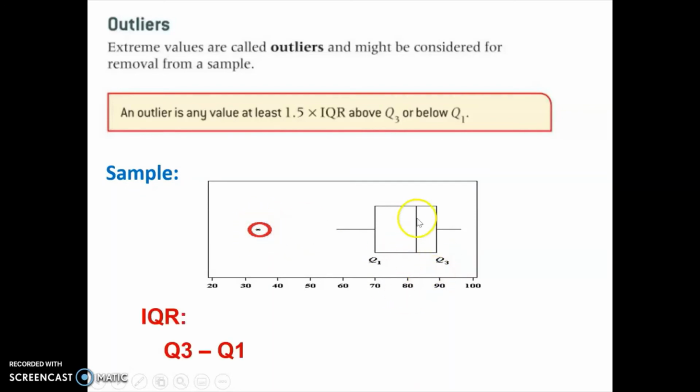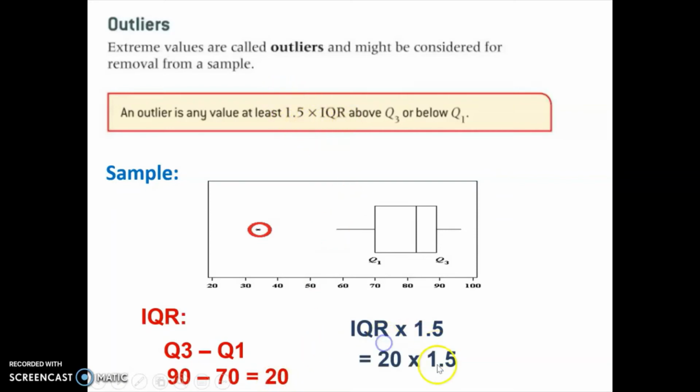So what you would do for this example, to find the IQR, it's Q3 minus Q1, right? So Q3 here is a little bit less than 90, and let's say it's about 90. Q1 is about 70, so I subtract those, I get an IQR of 20. So now I do IQR times 1.5, like it tells me here. 20 times 1.5 is 30.